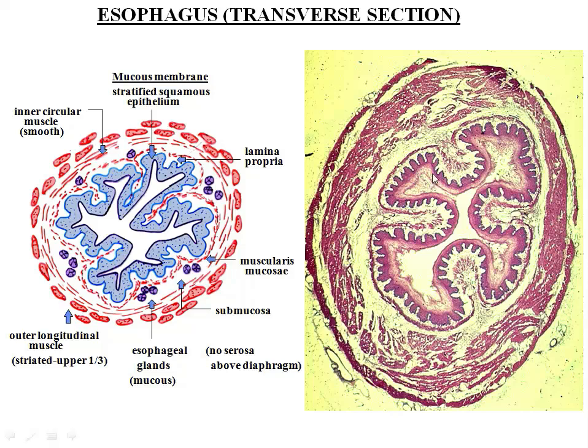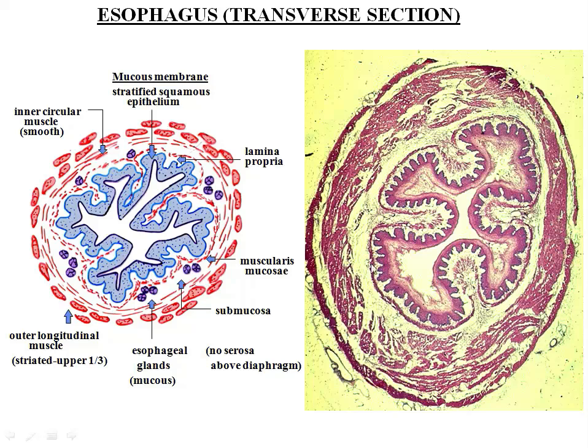Okay, immediately after that epithelium there is the lamina propria layer. Then here is the muscularis mucosa layer.